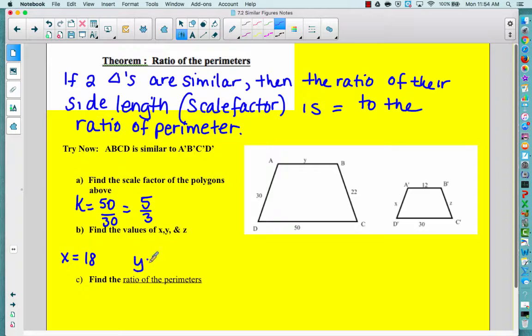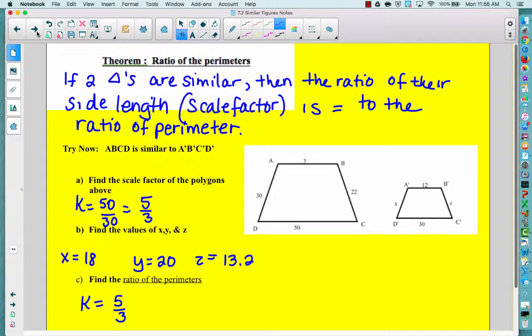I got y to be 20, and I got z to be, I think, 13.2. It also asked to find the ratio of the perimeters. No work was actually necessary. You did not have to calculate the ratio of the perimeters because if two similar figures have a ratio of side lengths of a scale factor, the scale factor and the ratio of the perimeters are equal. So K would be 5/3.